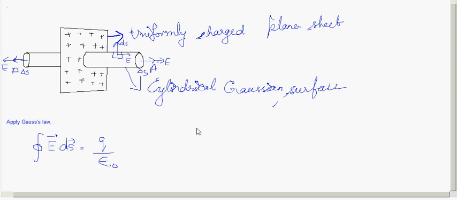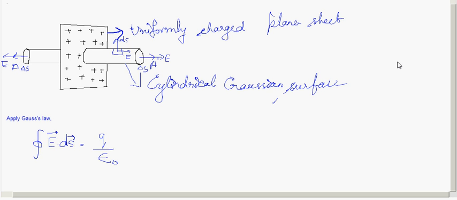So total flux is E into ds, which is also equal to q by epsilon naught.